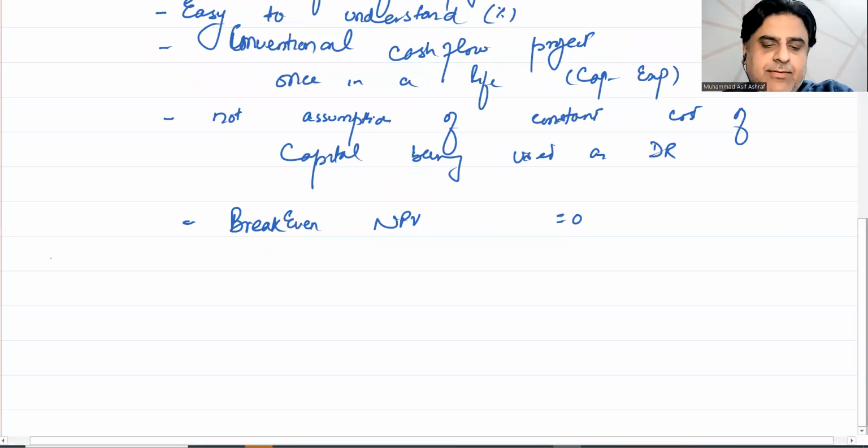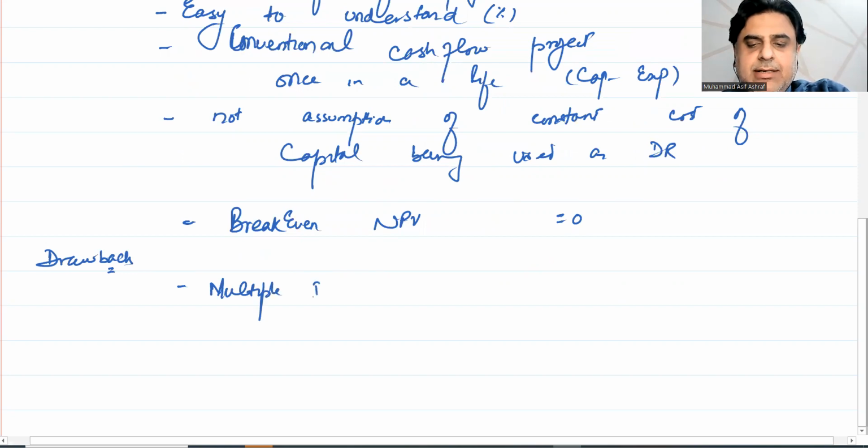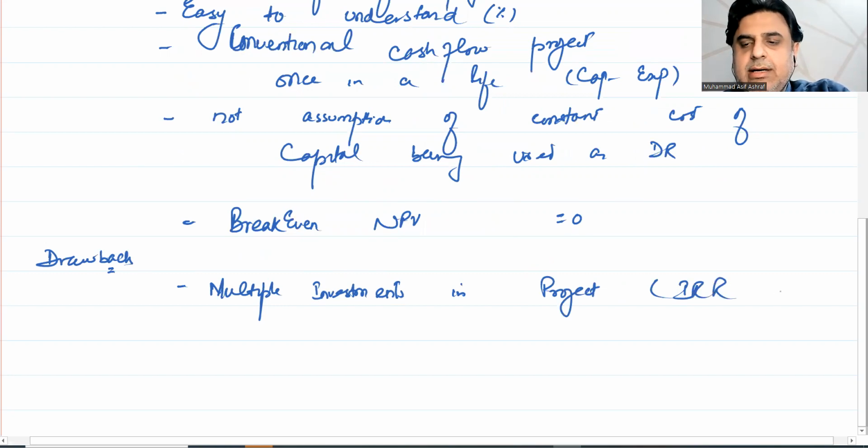Then we have a number of drawbacks. First of all, if you have multiple investments in a project, then IRR will be complex to calculate.